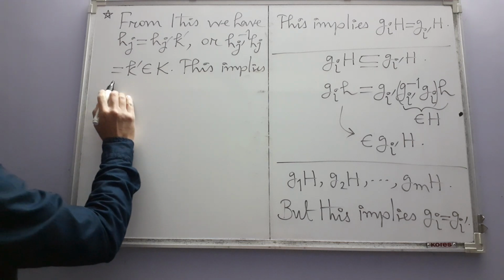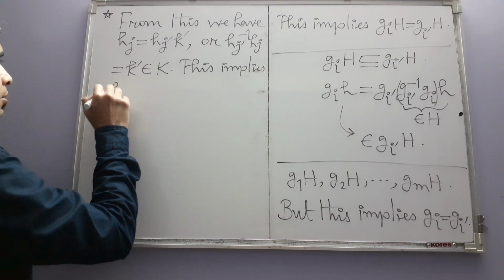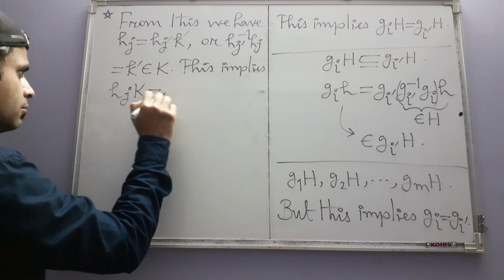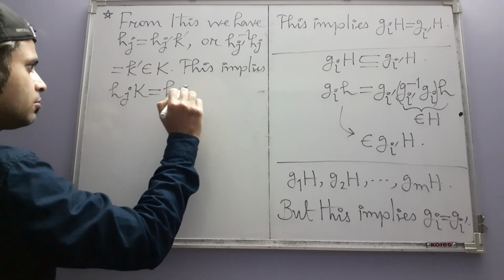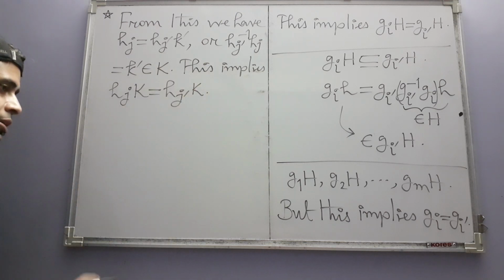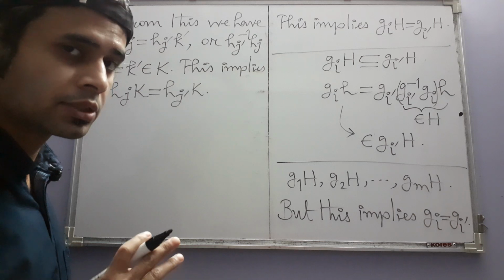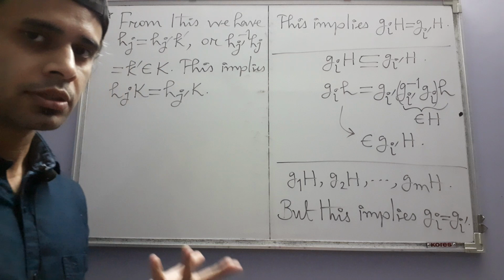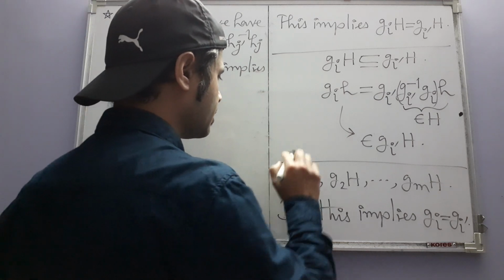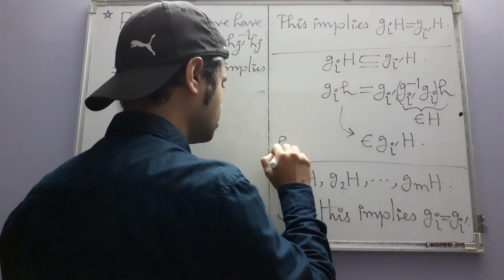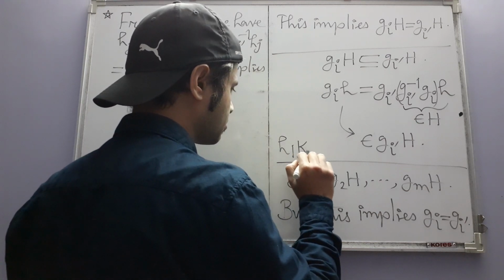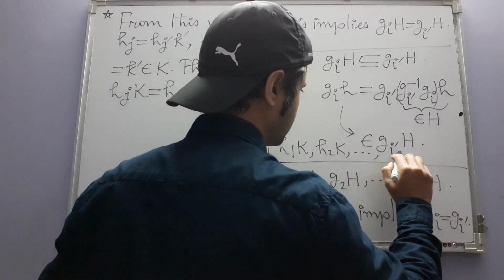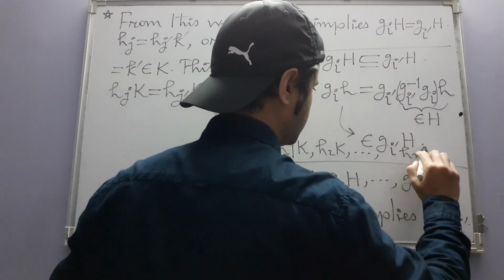This implies that Hjk is equal to Hj prime k, but then again that same or similar argument, because just like these are all the distinct left cosets of H in G, the distinct left cosets of K in H were these, Hj.